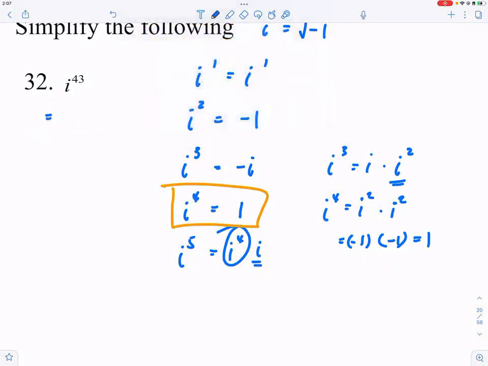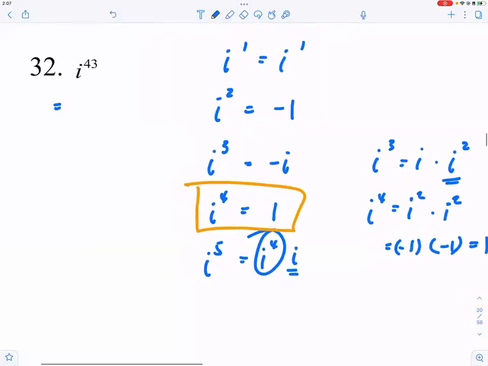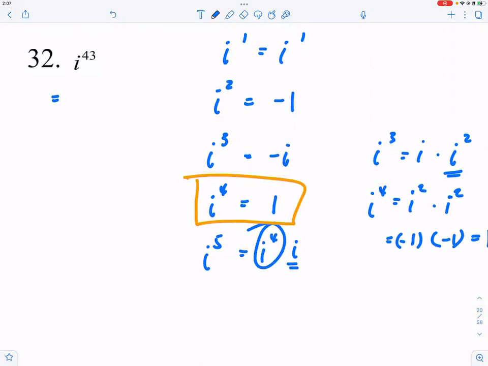So what I would suggest you to do is to think about i to the 43rd power. What is the nearest multiple of 4 right under 43? And that will be 40. So we say i to the 43rd power is the same thing as i to the 40th power times i cubed.